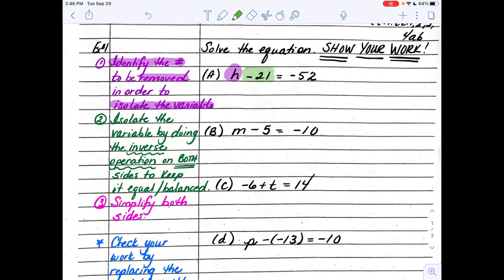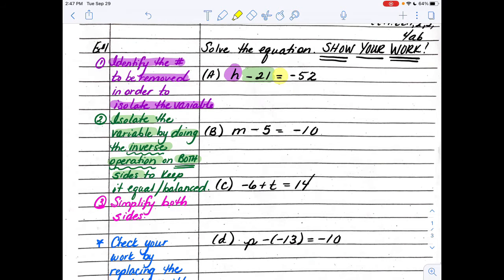So on that second step, once I know what I need to get rid of, I am now going to isolate that variable by doing the inverse operation. Now we have to be careful because it has to be done on both sides. Remember we just did that modeling to know that that equal sign right there means that the left and the right side are balanced.